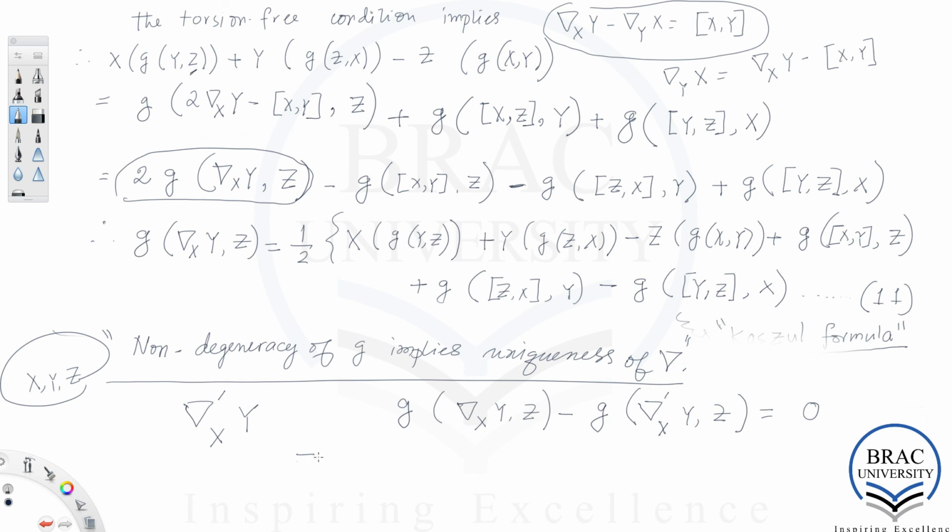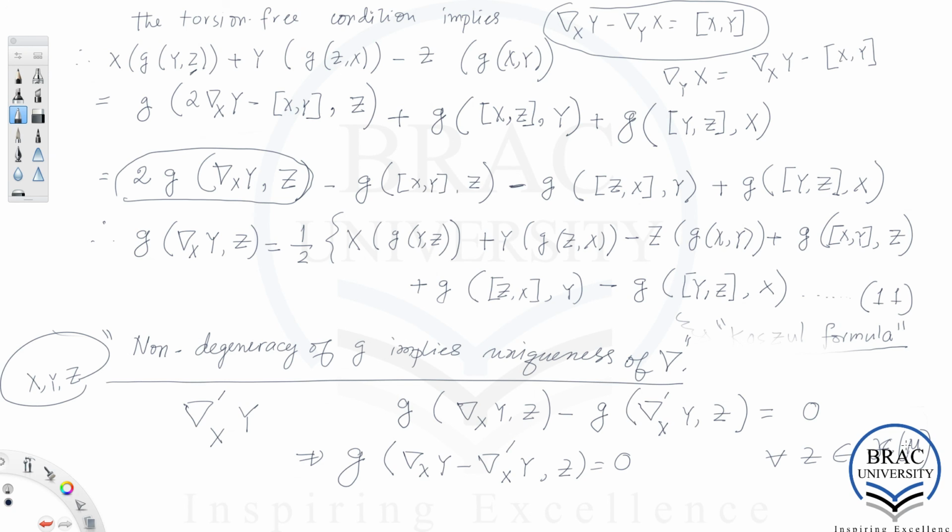Now, using the linearity of G, since it's a bilinear form, we arrive at nabla x y minus nabla prime x y, comma z to be equal to 0. So it's true for all z, because the 3 vector fields that we started with were fairly arbitrary. So for all z in the space of vector fields on the manifold.